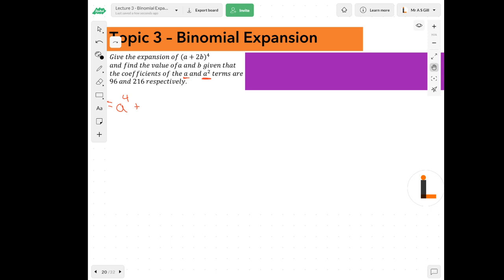Then we're going to have 4, because I know 4 choose 1 is 4, 4a cubed times 2b, plus 4 choose 2, which is going to be 6a squared times 2b also squared, plus 4a times 2b cubed.